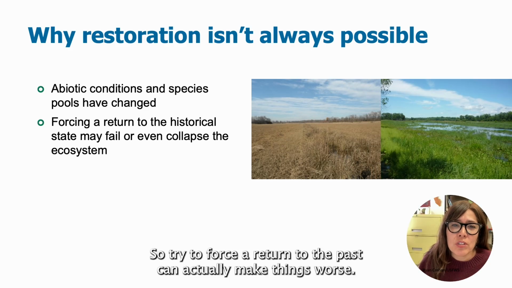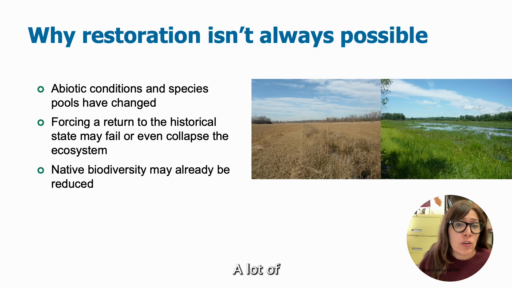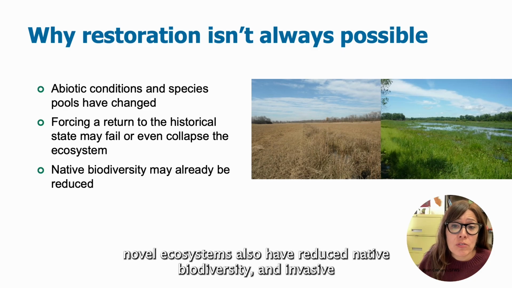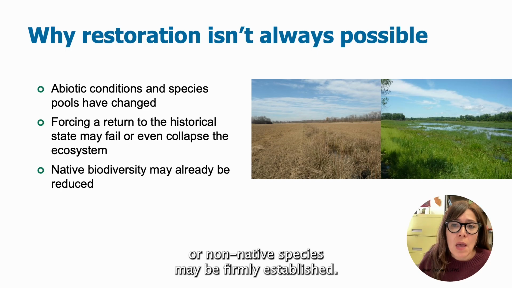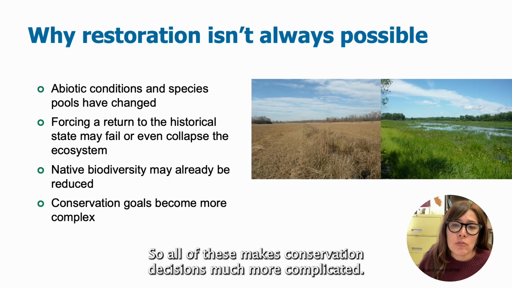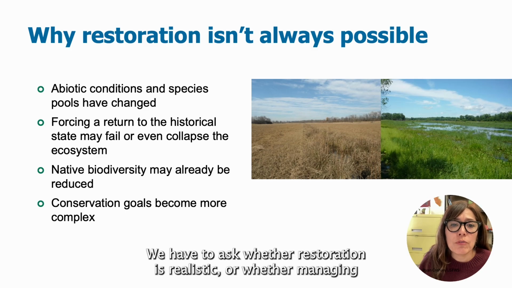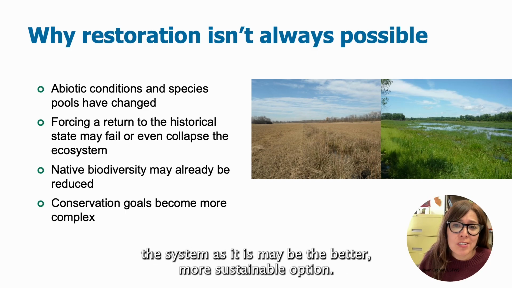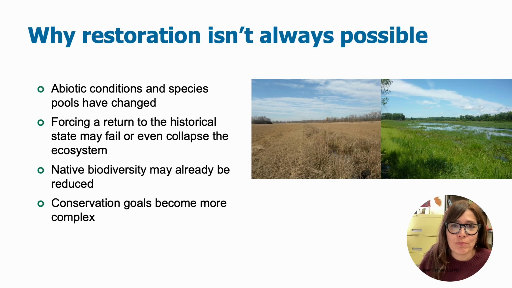So trying to force a return to the past can actually make things worse. A lot of novel ecosystems also have reduced native biodiversity, and invasive or non-native species may be firmly established. So all of this makes conservation decisions much more complicated. We have to ask whether restoration is realistic or whether managing the system as it is may be the better, more sustainable option.